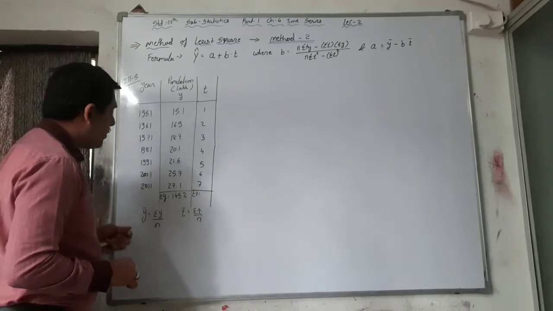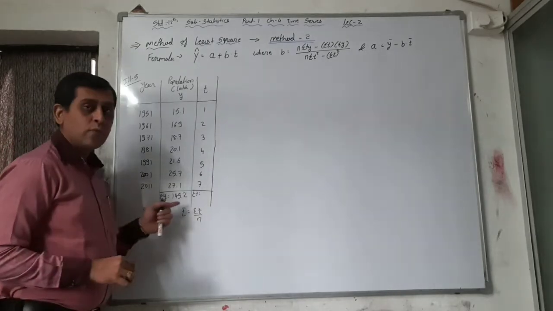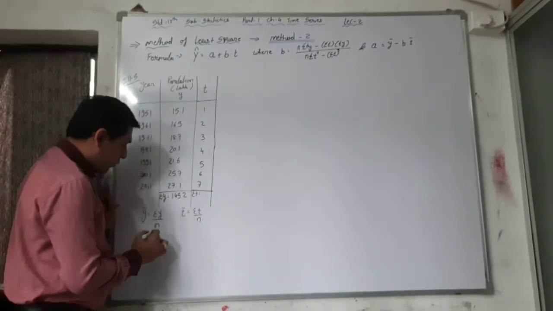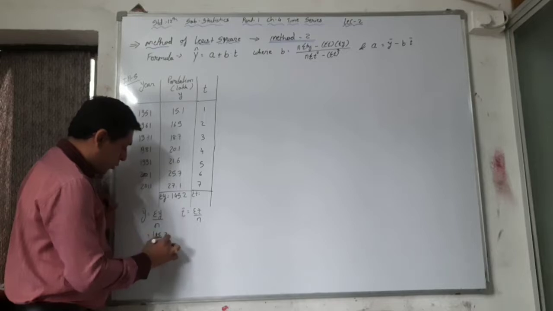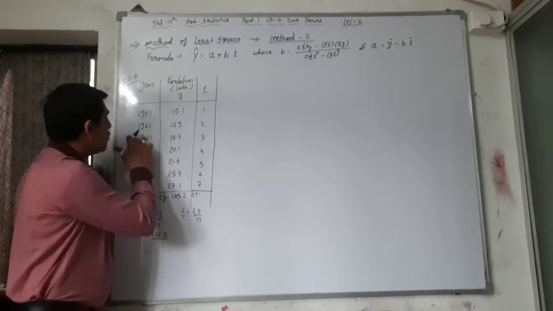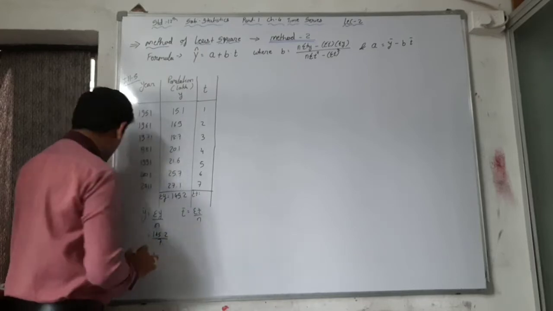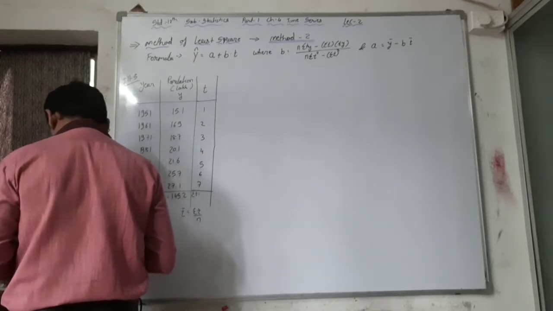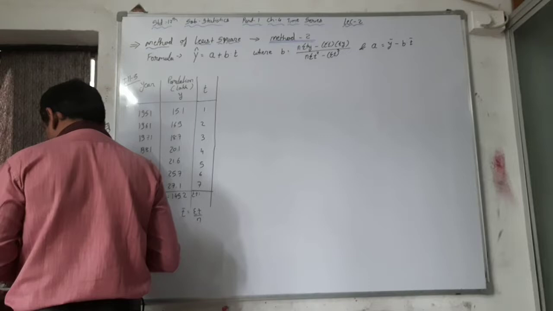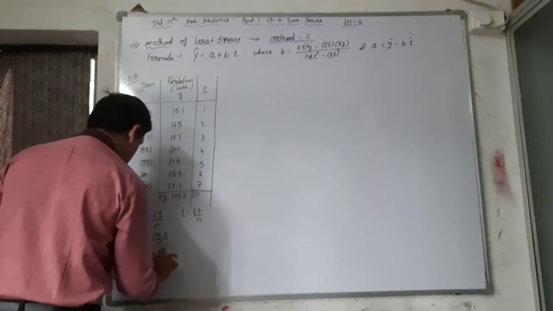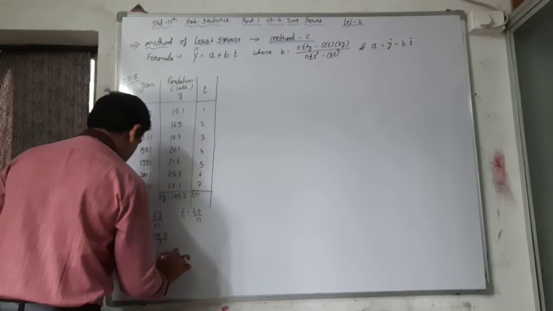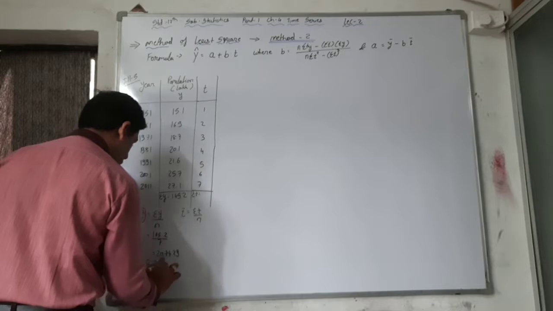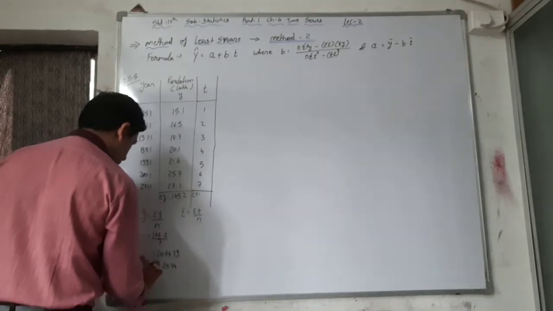Right? So here sigma y is equal to 145.2. First of all, we have to find out y bar and t bar. What is y bar? Sigma y upon n, 145.2 upon n is equal to 7. Right? What is the value for that? 145.2 divided by 7 is equal to 20.7429, or approximate value of y bar is equal to 20.74.